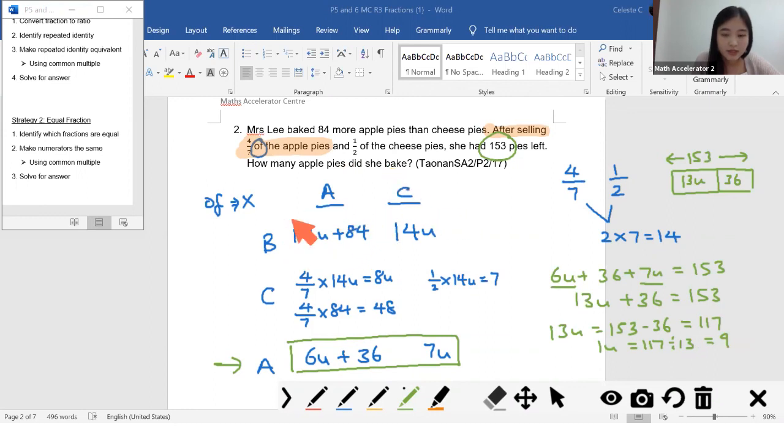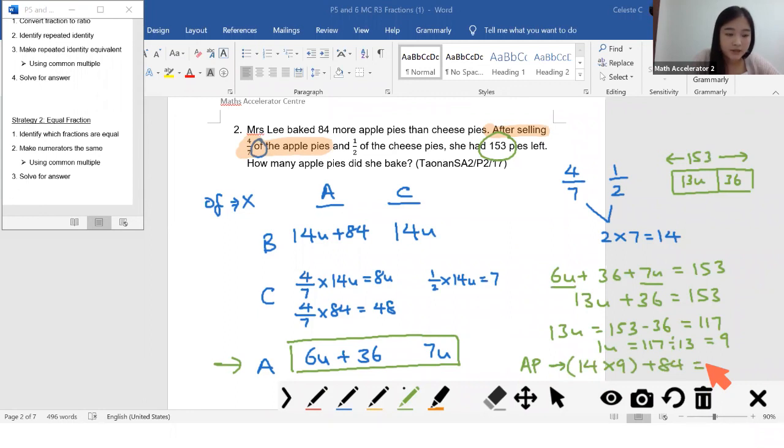Apple pies is 14 units plus 84. So AP, apple pies. Okay. You have to find your 14 units first. So 14 times 9 plus your 84.